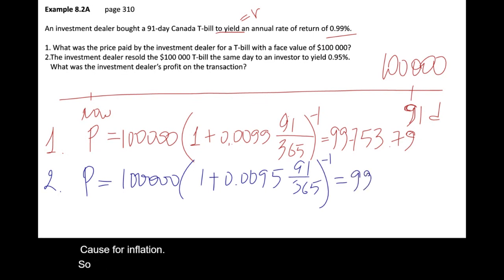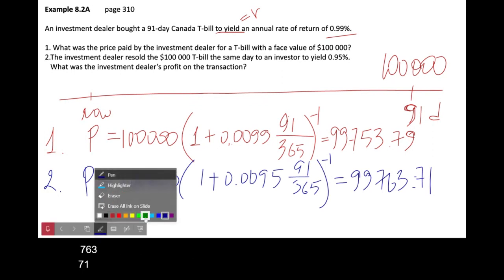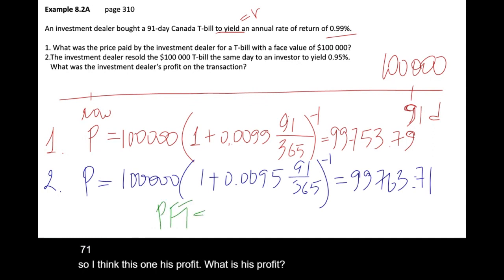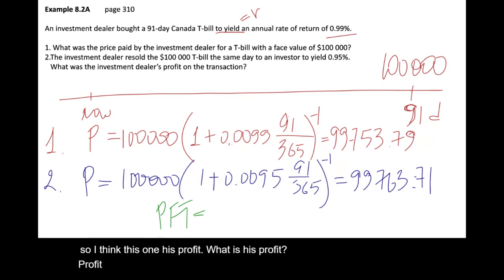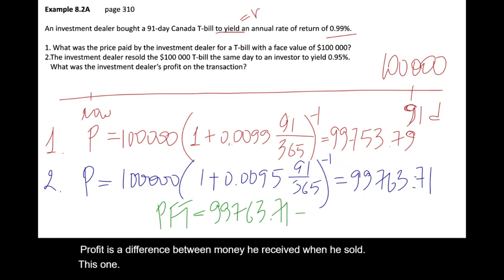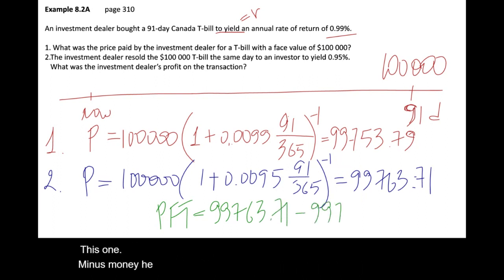So $99,763.71. So what is his profit? Profit is the difference between the money he received when he sold, this one, minus the money he paid or invested, this one.